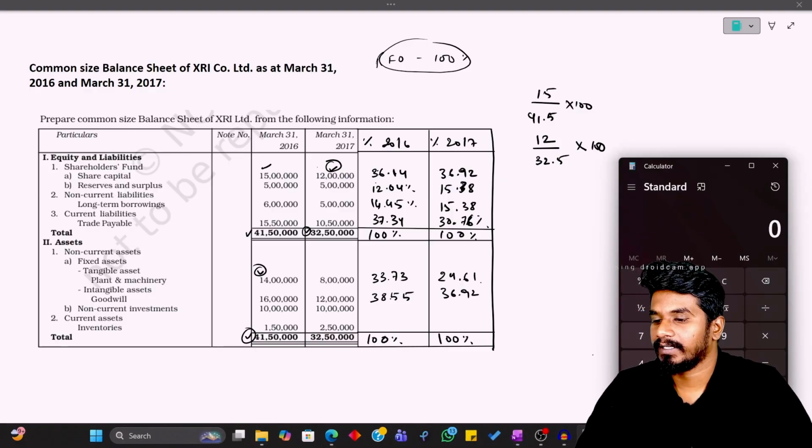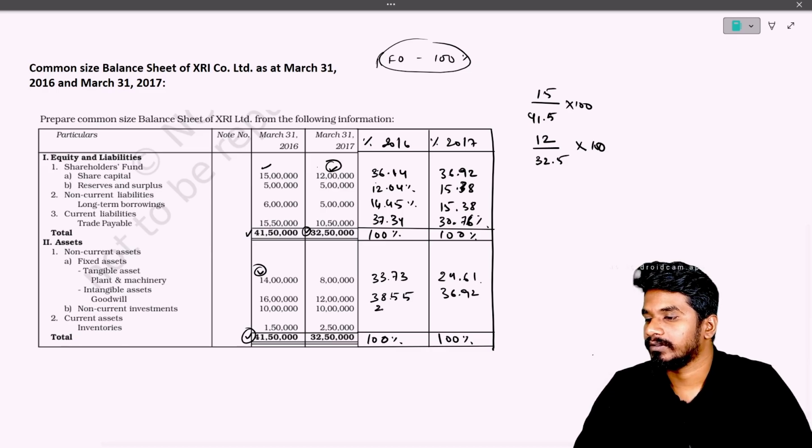10 lakhs divided by 41.5 into 100 is 24.09.